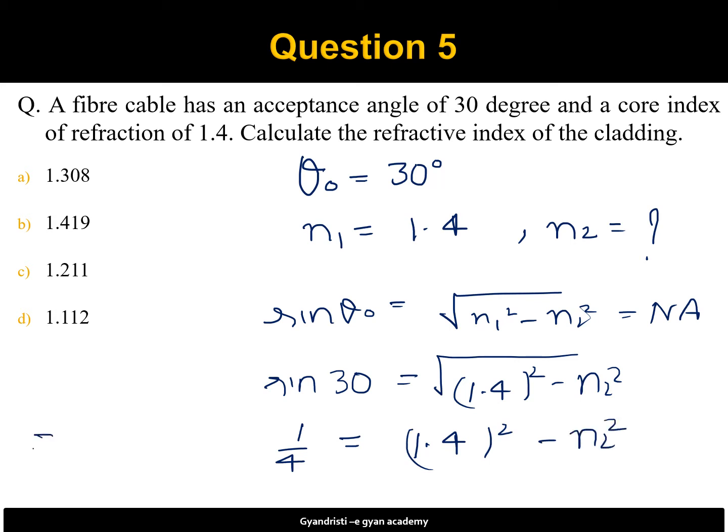Okay, so it will further give you n2 का square is equal to 1.96 minus 0.25. If you solve it, you will get n2 is equal to 1.308. So the correct answer is option number A.